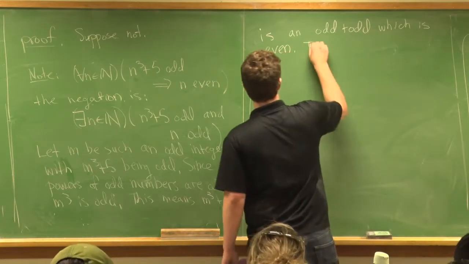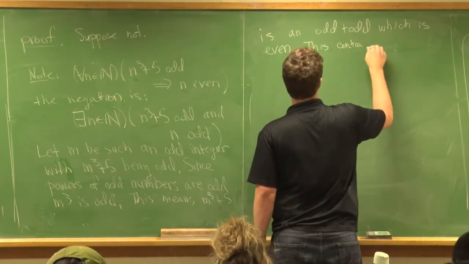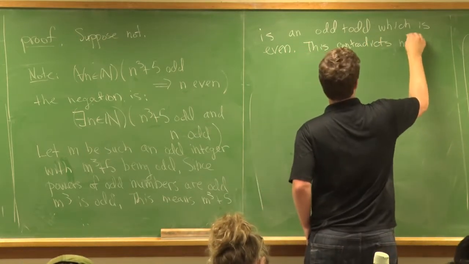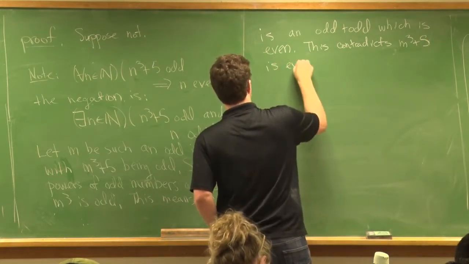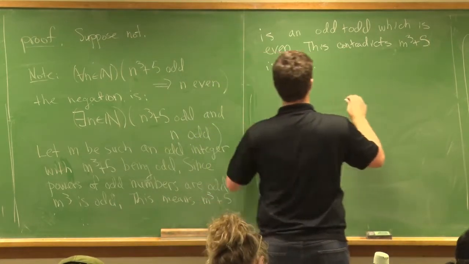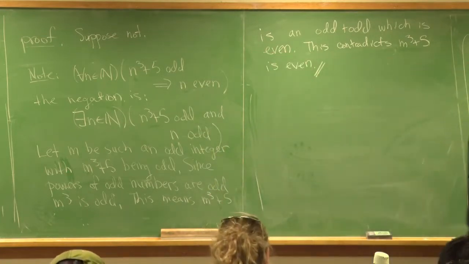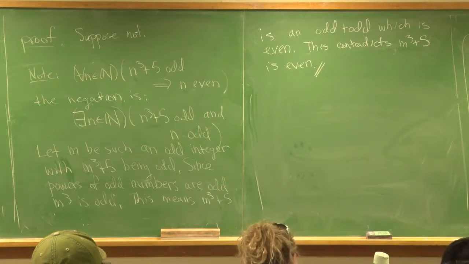So this contradicts. We got some nonsense, right? This contradicts that m cubed plus 5 is odd. Right? And we're done. So we've derived a contradiction. We showed that if it wasn't the case, then we would have m cubed plus 5 being odd and even at the same time.